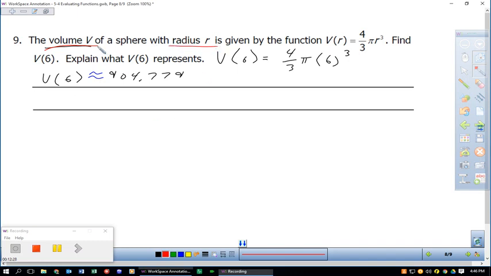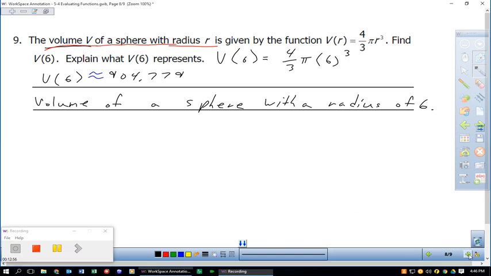So we're actually going to state that again. It is the volume of a sphere with a radius of 6. It's the volume of a sphere with a radius of 6.